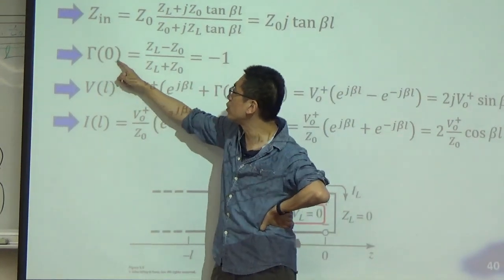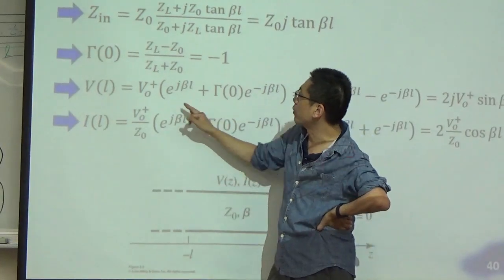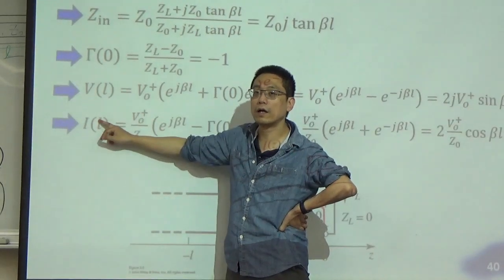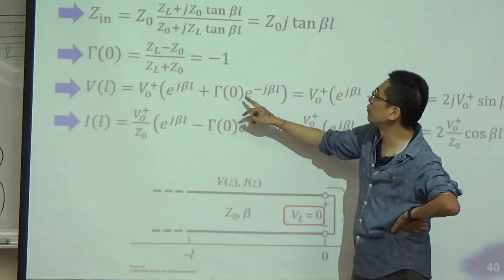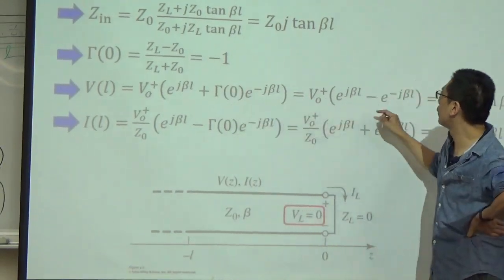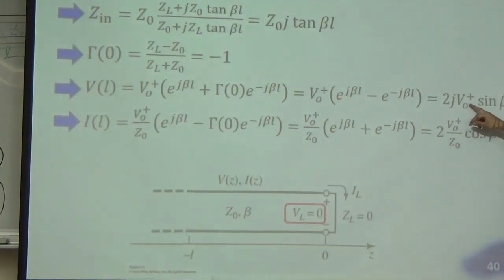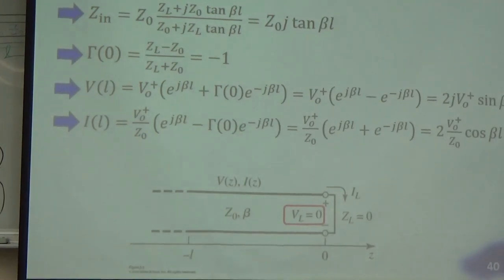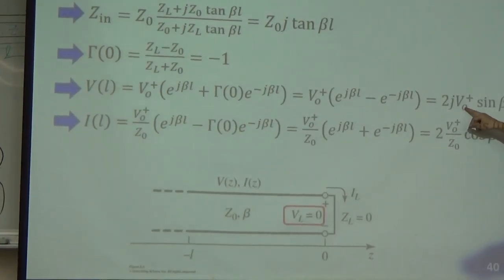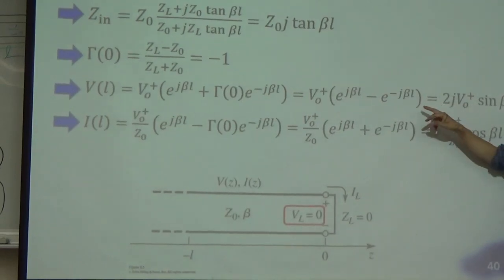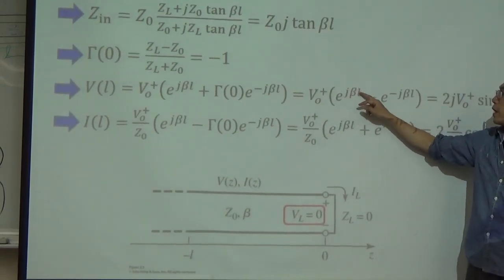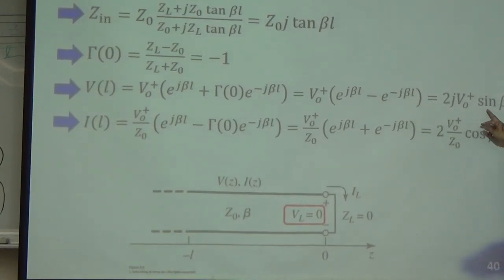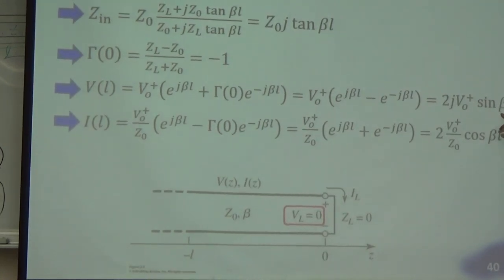So your reflection coefficient is -1, and you can write down the total voltage on the transmission line because of this -1. You can obtain your voltage anywhere on the transmission line. It is an imaginary number because of Euler's equation, exponential j beta L minus exponential minus j beta L becomes sine beta L. Okay?